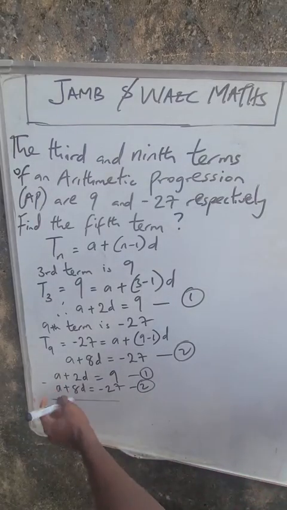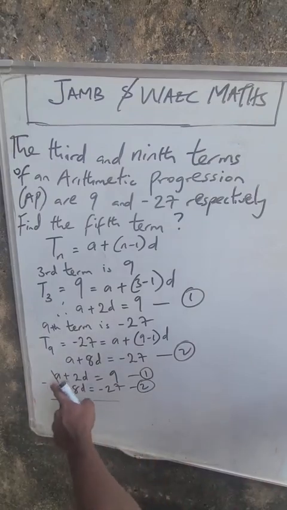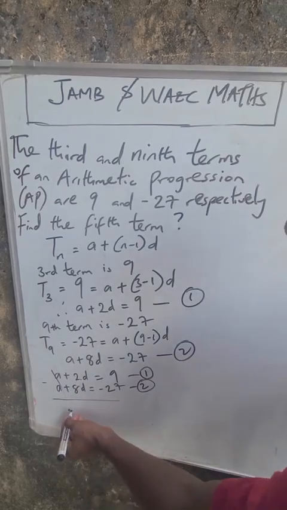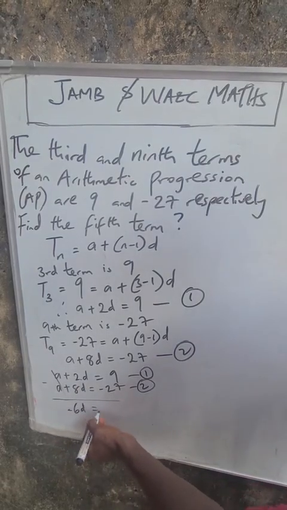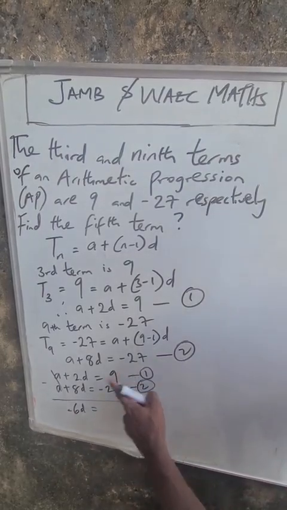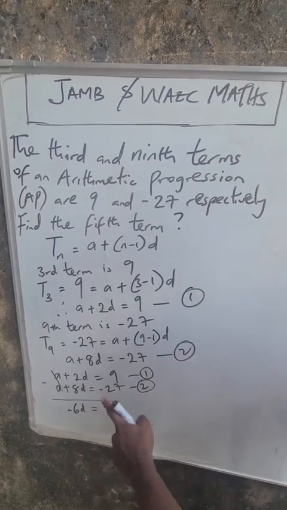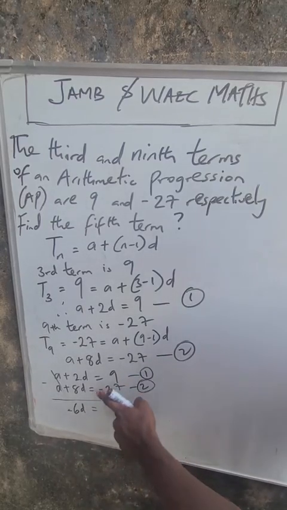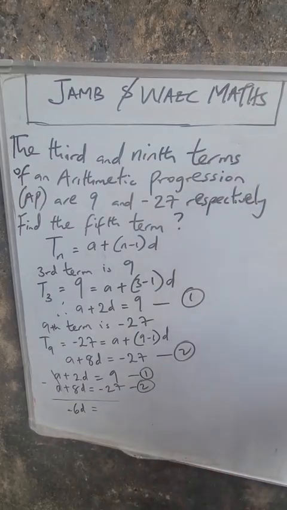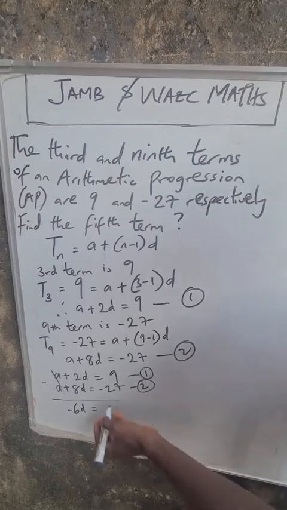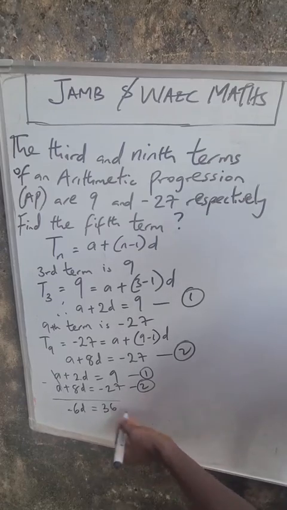You see that a minus a goes out. I have 2d minus 8d gives us minus 6d. And this is equal to 9 minus 27. Minus minus is plus, so 9 plus 27 gives us 36.